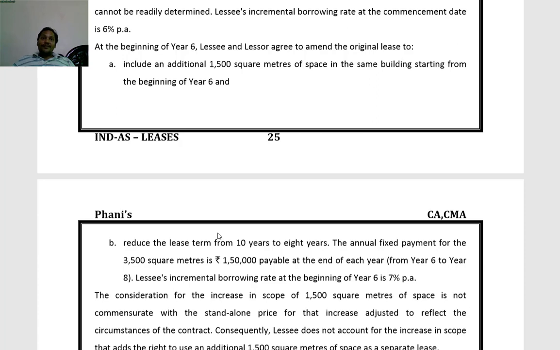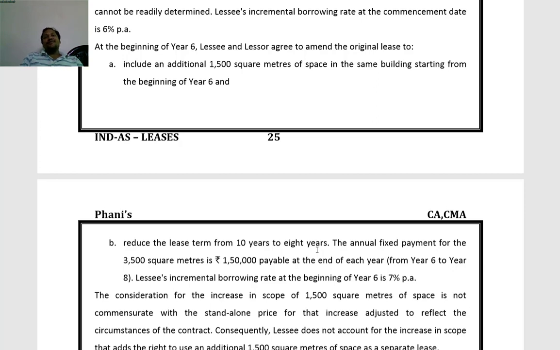Then the second modification is reduce the lease term from 10 years to 8 years. Sir, how to account for this reduction of the lease term? If this is a decrease in the scope, if it is a decrease in the space, definitely we should have gone proportionately.